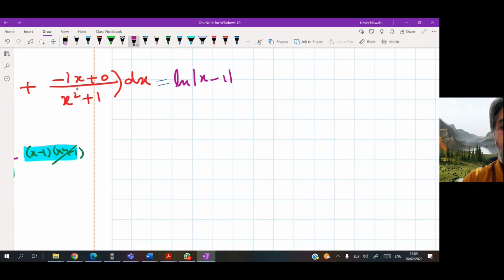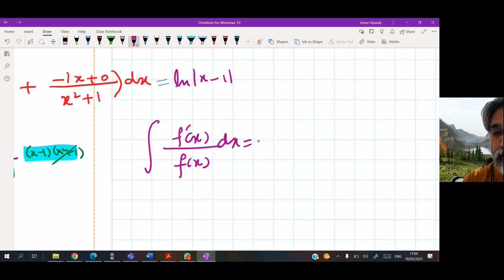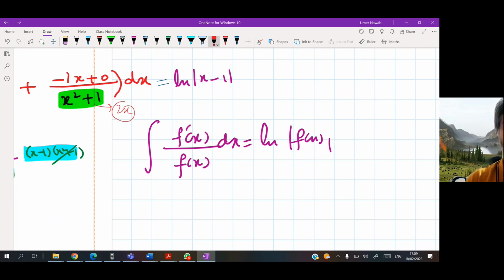And what is the integration of minus x over x squared plus 1? Guys, you remember there are important formulas which you studied. If you have a function in the denominator and the function's derivative is in the numerator, the answer is ln of f of x. Now, what's the derivative of your function? The derivative of my function is 2x. Am I having 2x on the top?